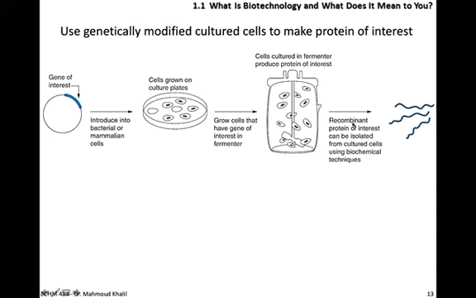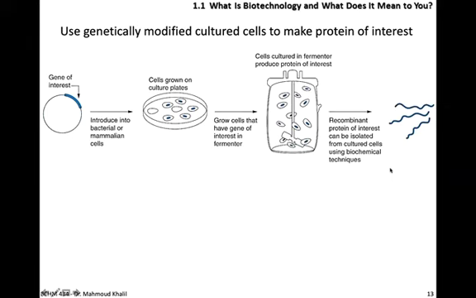We must call it recombinant protein. Why recombinant? Because it has been made artificially, and the gene of interest has been inserted into a vector or plasmid. So that's why this structure is called a recombinant plasmid, and the protein which is formed is called a recombinant protein.